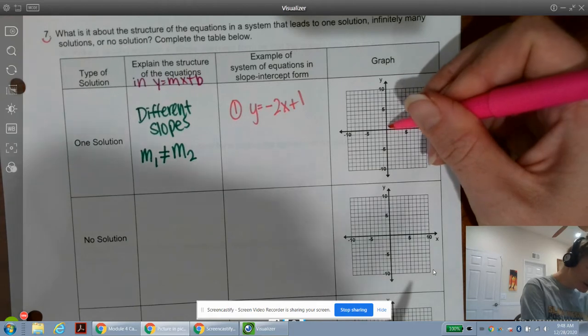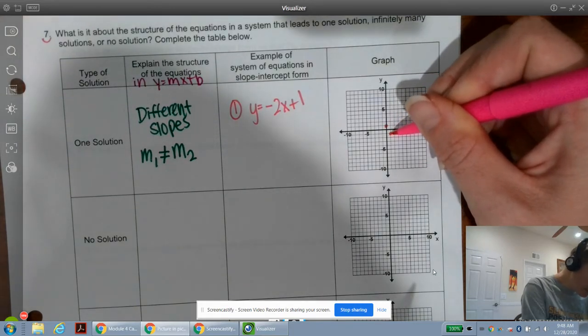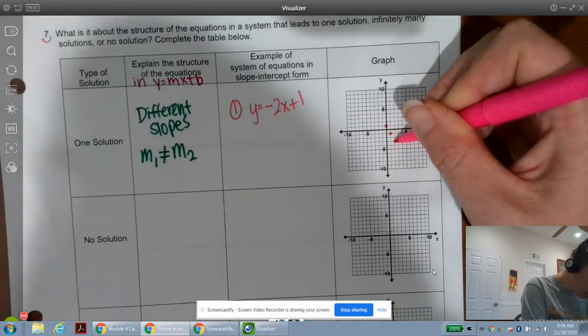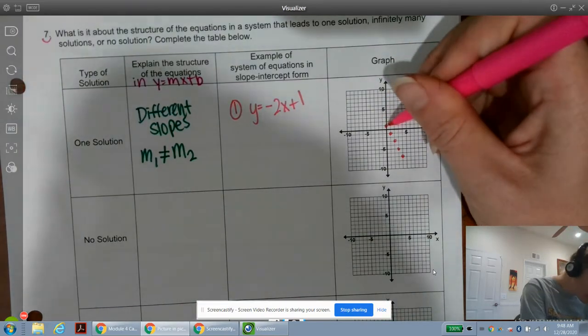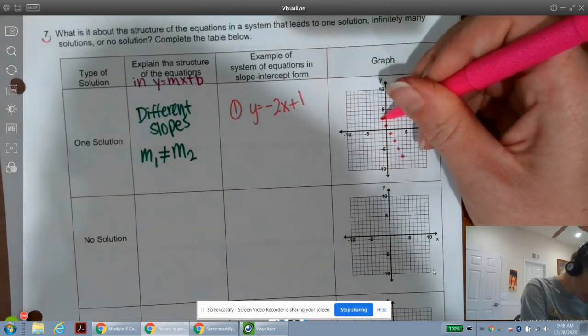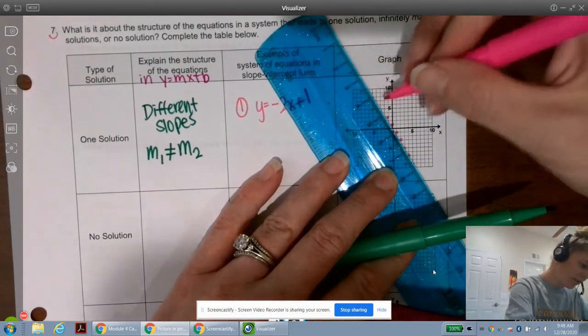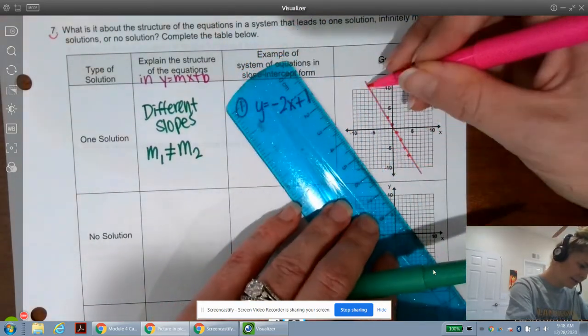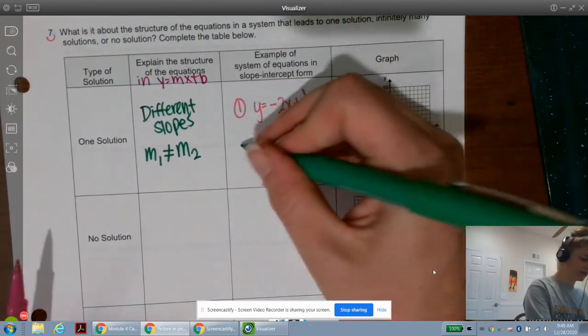I'll graph that over here. I'm going to go to plus 1, then go down 2 over 1, down 2 over 1. And all I need is a different slope. You could have the same y-intercepts if you want, but you just have to have different slopes.